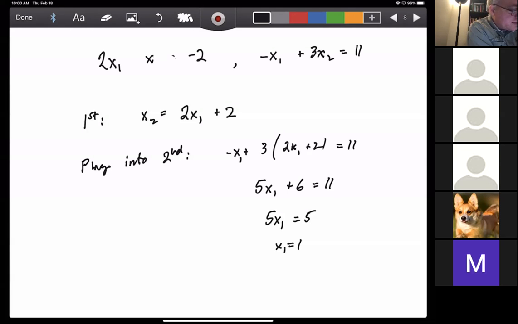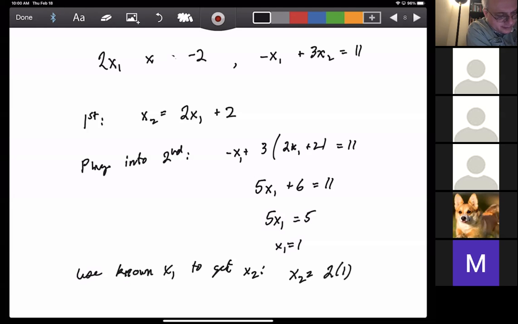And once I know that x1 is 1, I can use that to get my x2. So x2 is going to be 4. So we've got a solution, and let's actually verify it.